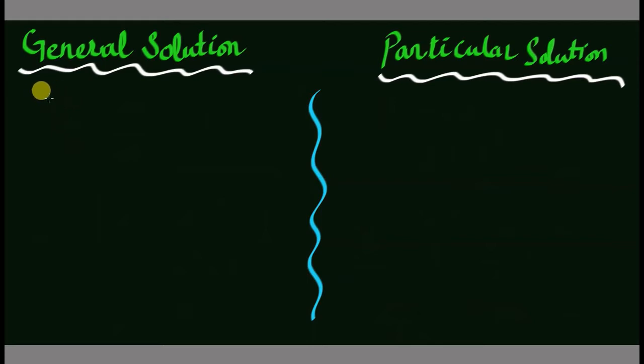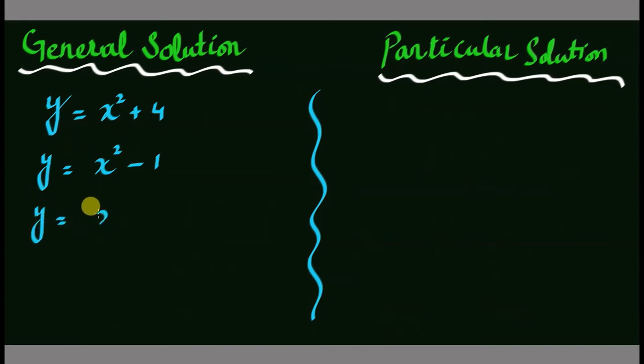If you have a function like this, y is equal to x square plus 4, similarly another function is y is equal to x square minus 1, another function is y equals x square plus square root 2, another function is y equals x square minus 1 by 2.